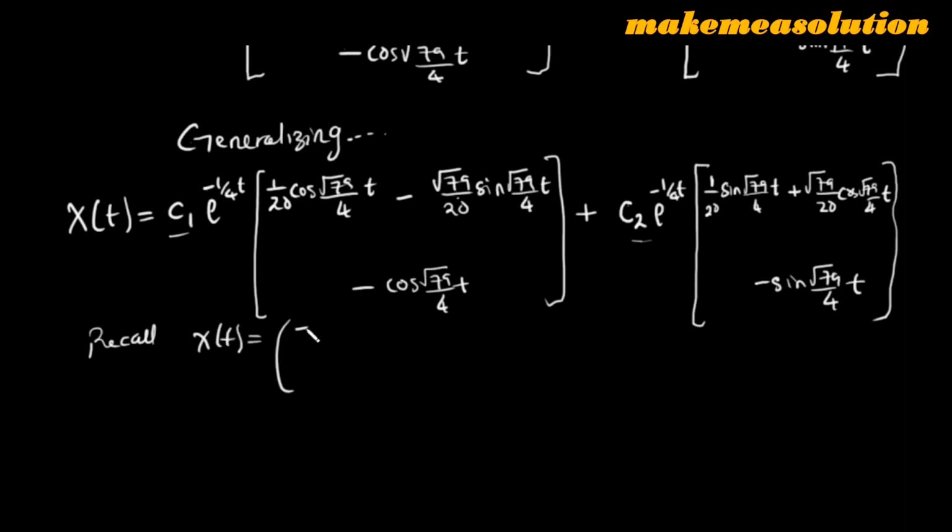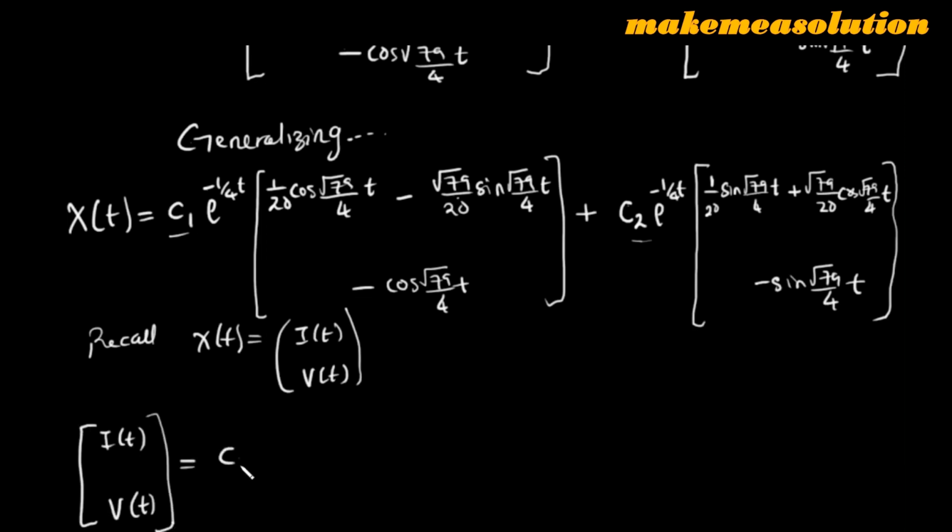equal to what? i of t and v of t. So we can actually see that the i of t, v of t vector will be equal to c1 exponential minus 1 over 4t, and you now have 1 over 20 cos root 79 over 4t, then minus root 79 over 20 sine root 79 over 4t.